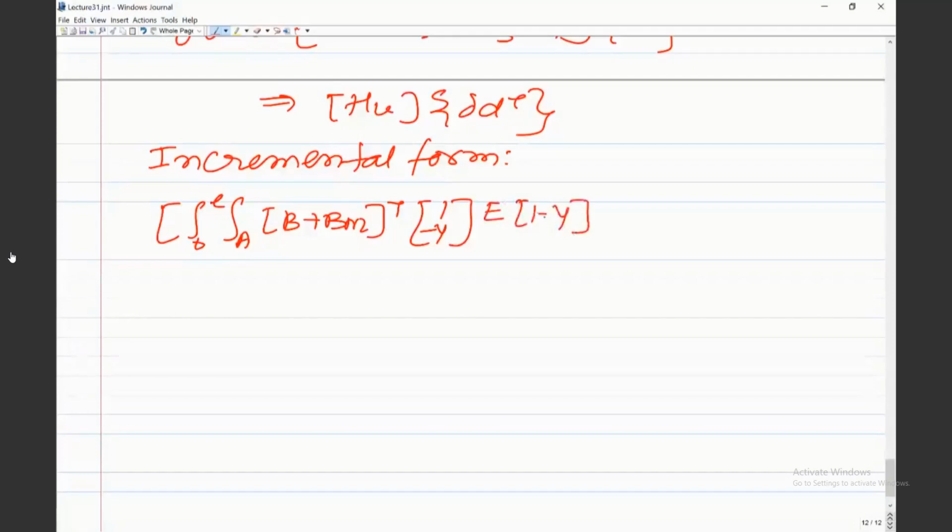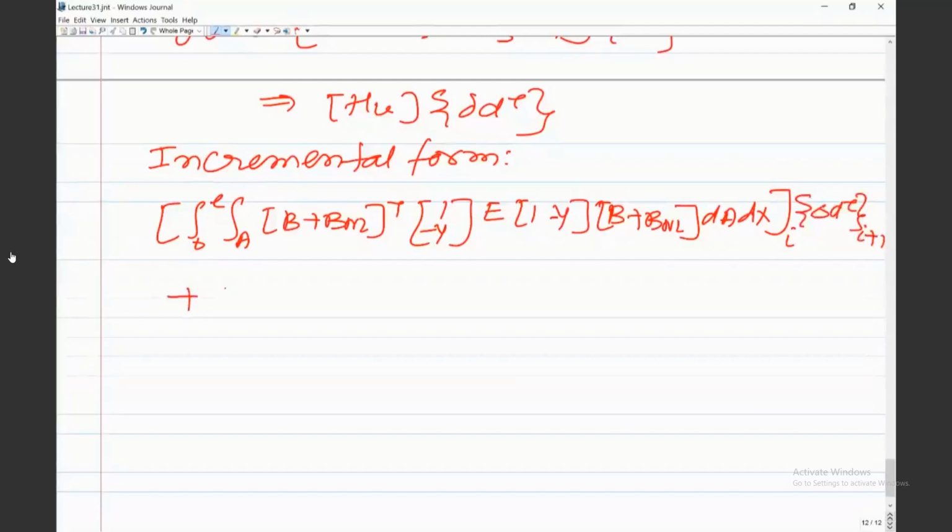This is a row matrix, so this is 1 and minus y, and then we will have delta epsilon M and delta epsilon B. That can be written as B plus BNL, and then integration over dA dx. This whole thing is evaluated at the previous iteration, and here you will have delta DE for the current iteration. So that's the first term.